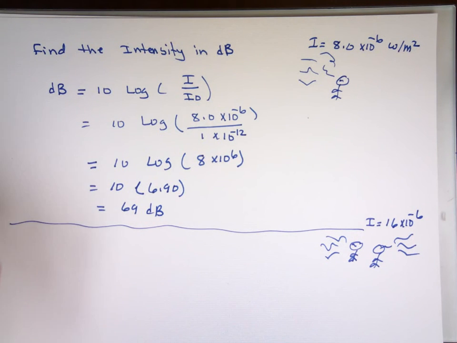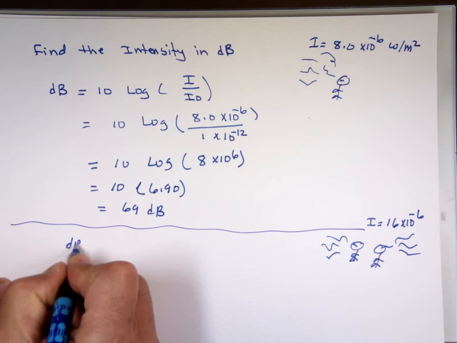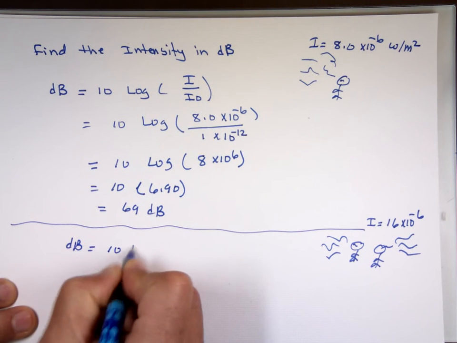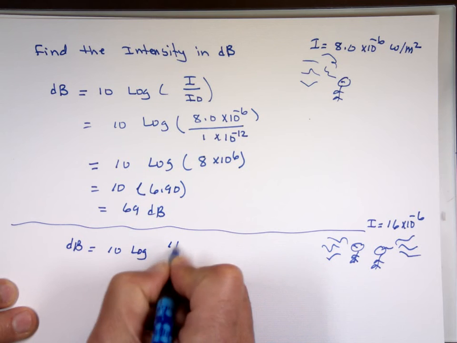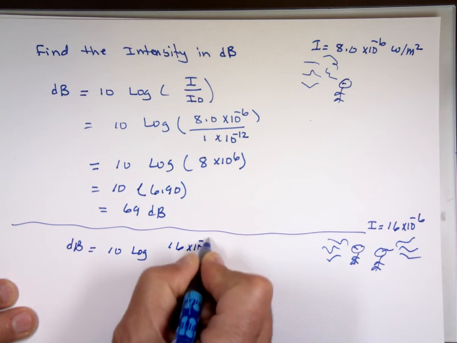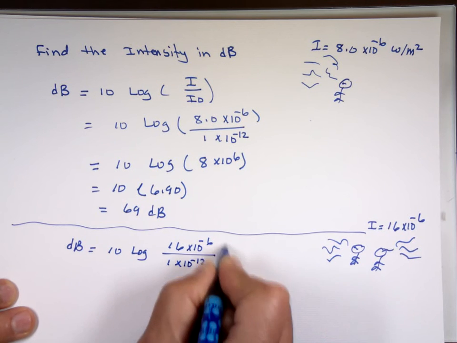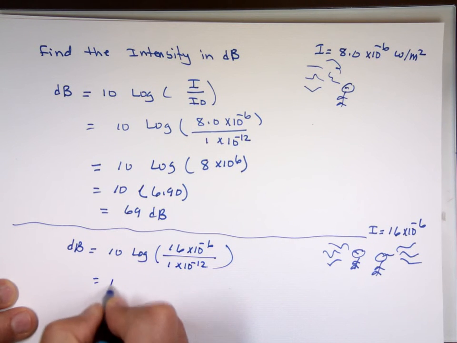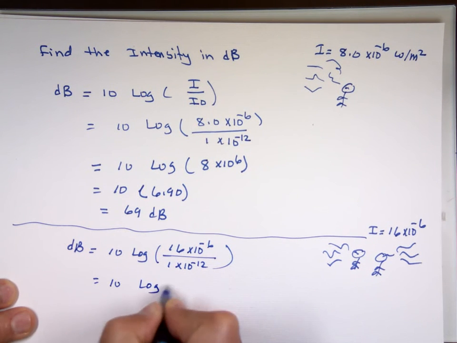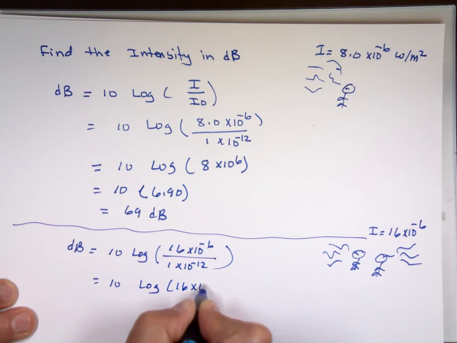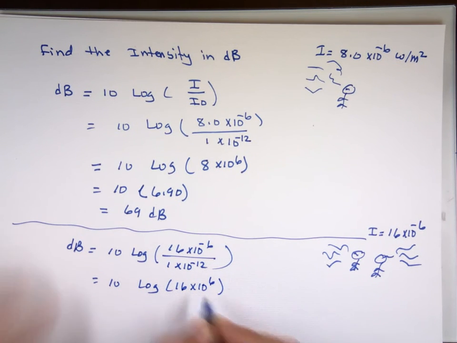So in decibel, what you're going to hear is 10 log of 16 times 10 to the negative 6 over 1 times 10 to the negative 12. Simplify this, that'll be 16 times 10 to the 6, or 1.6 times 10 to the 7.